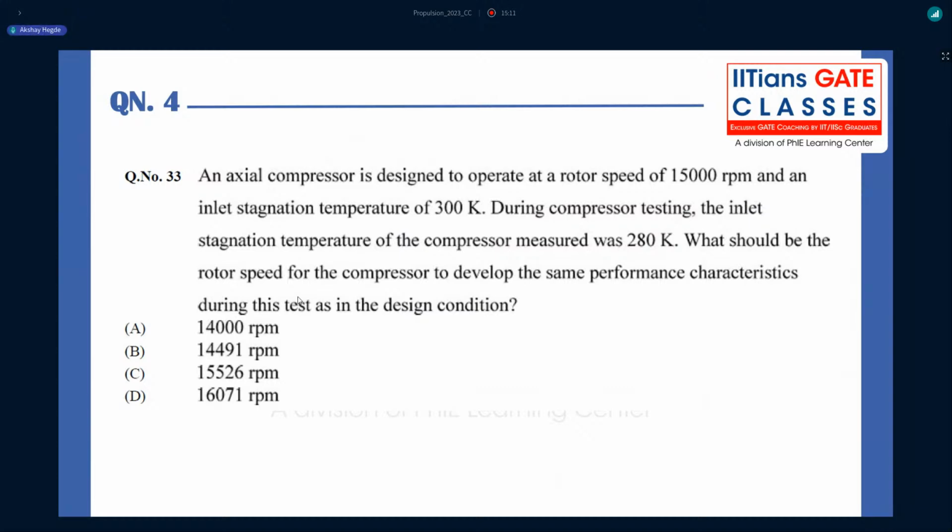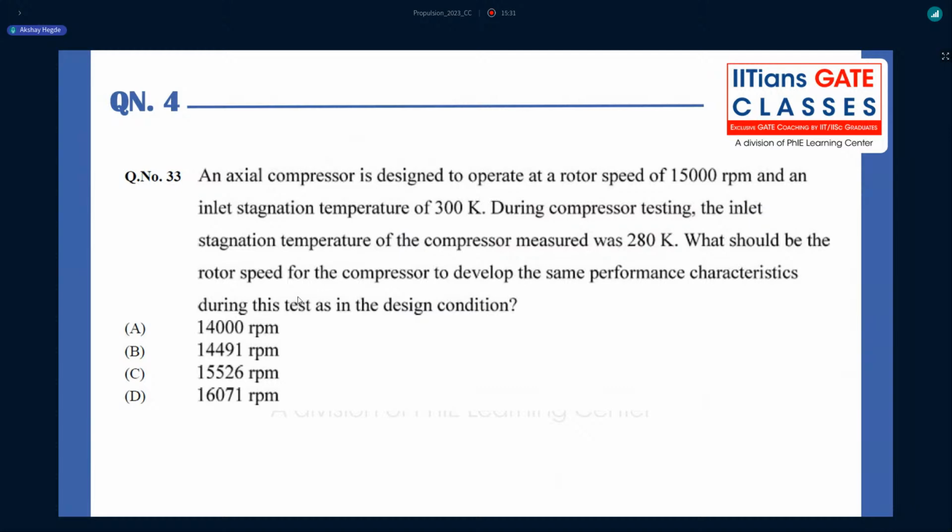Any of the formulas you might have studied in your propulsion might not help you over here. It's more of a qualitative approach than a quantitative approach. And how we are trying to analyze this problem is by dimensional analysis.